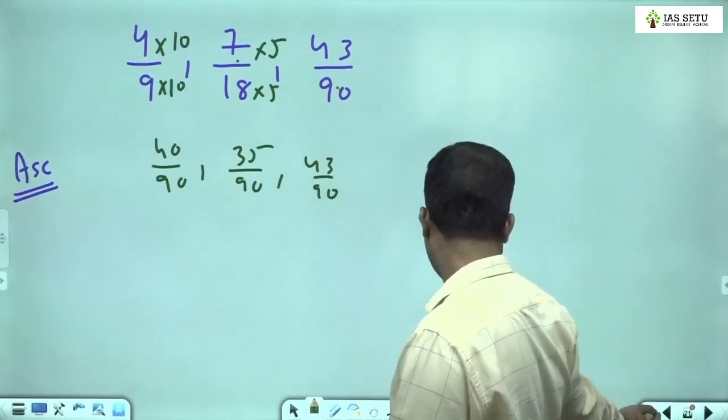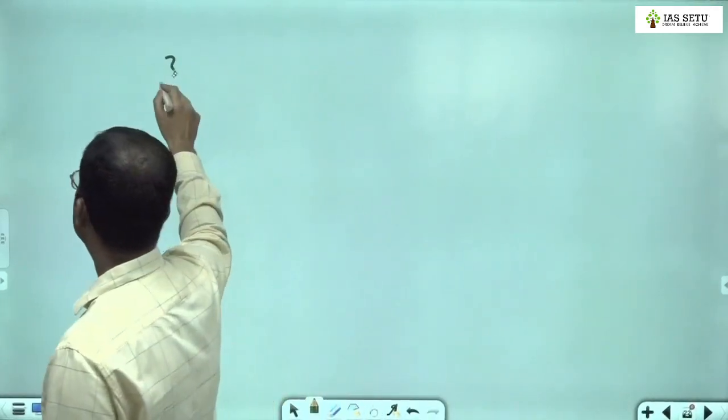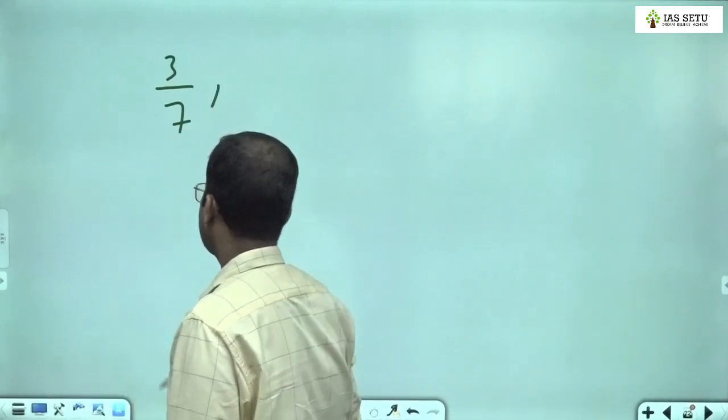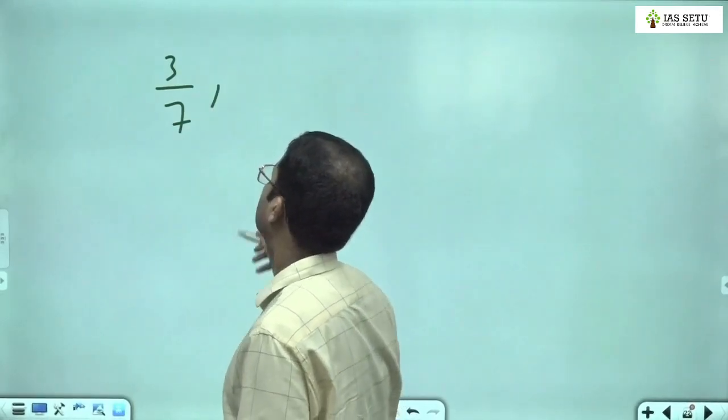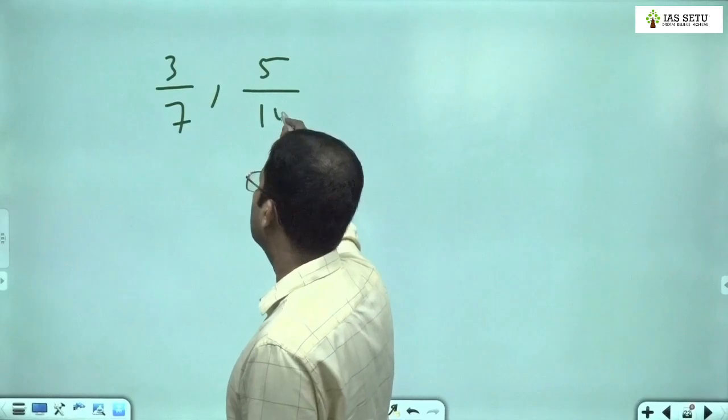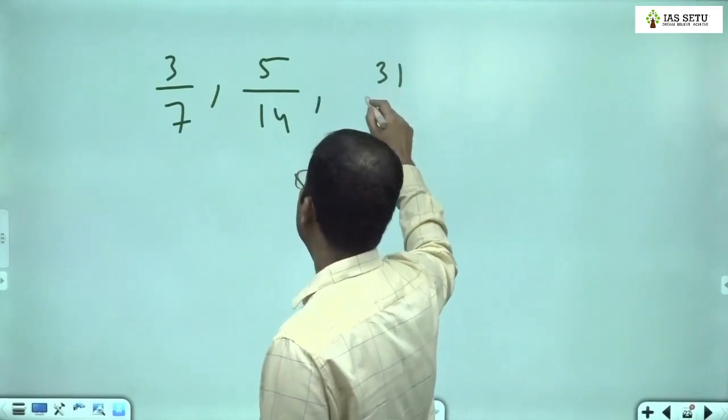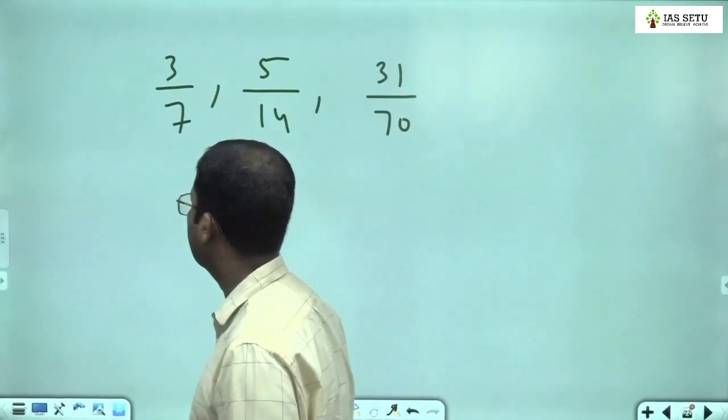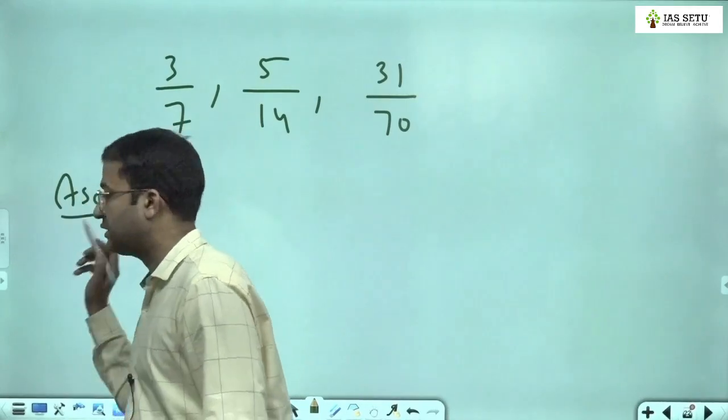C. One more quickly. Like here, 3/7, 5/14, 31/70. You have to arrange these three fractions in ascending order.